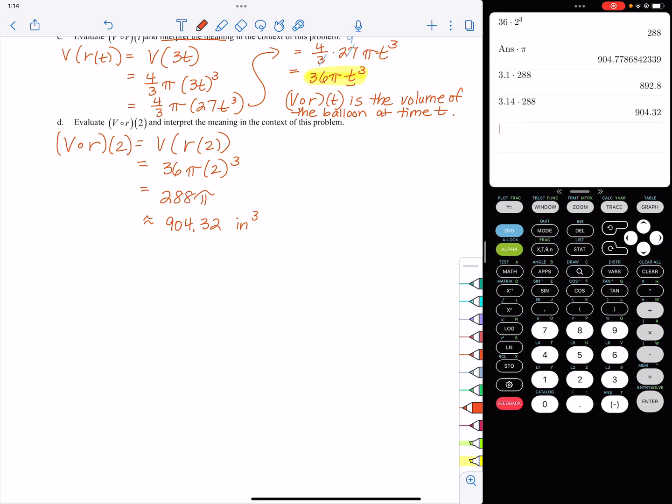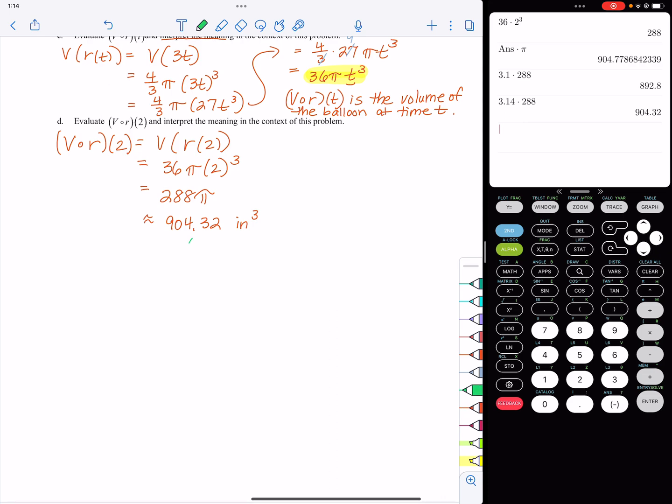Let me just write that down real quick. What did we get? 904.78 inches cubed. And that is when we are using pi on the calculator.